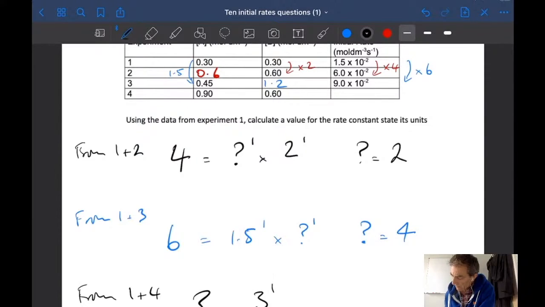So 3, but it's first order, 3 to the power 1, times 0.3 up to 0.6, a 2-fold increase, and that's to the power 1 as well. So 3 times 2 is 6, so the question mark is 6. So the new rate will be 6 times experiment 1's rate, and that comes out at 0.09 moles per decimeter cubed per second.